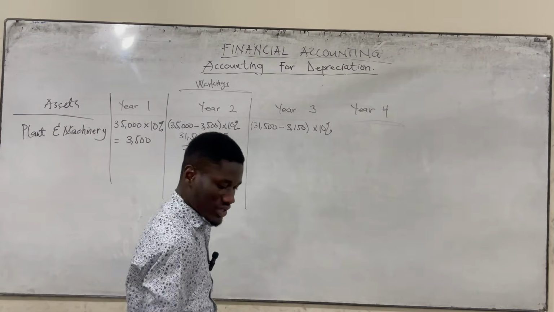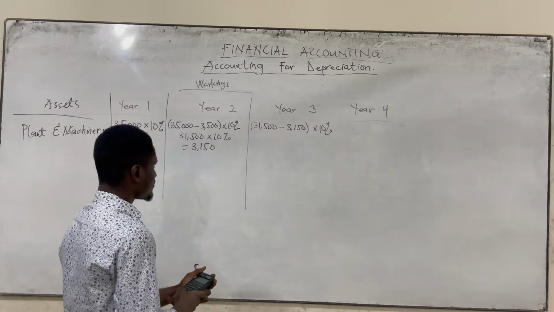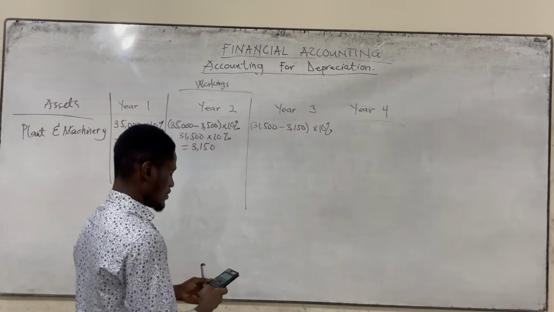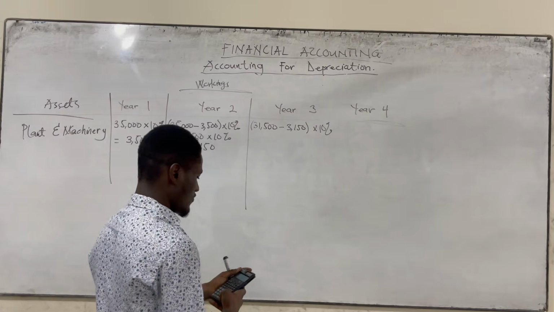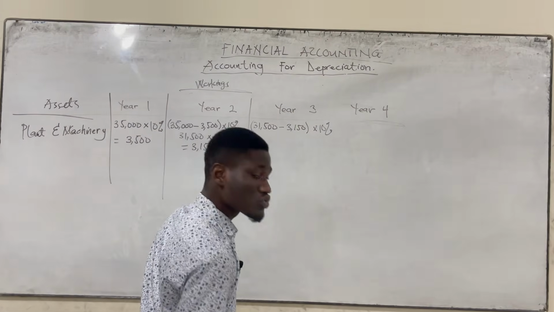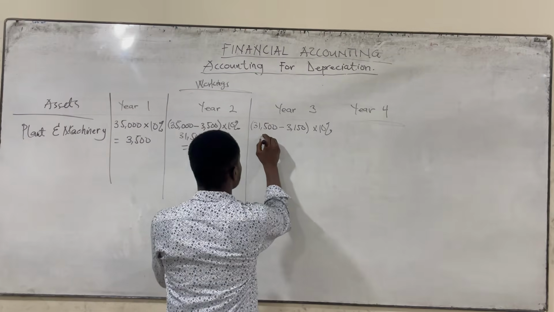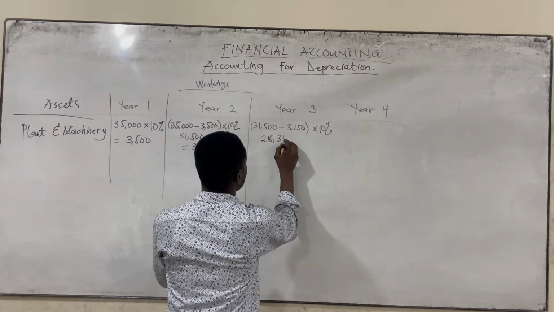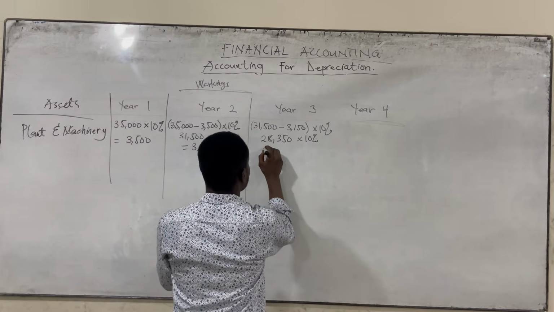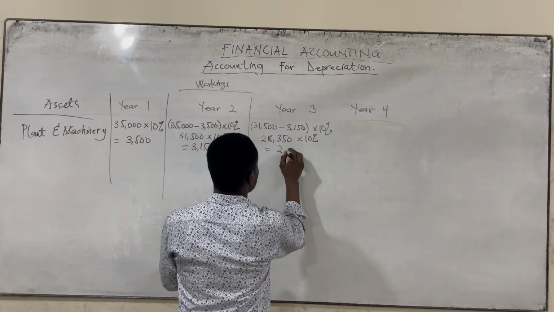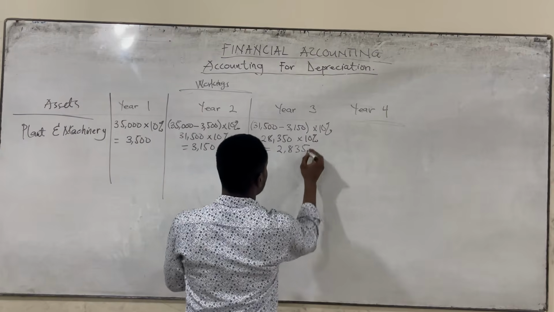When we subtract the 3,150 from 31,500, we are getting 28,350, times our 10%, and we are getting 2,835.